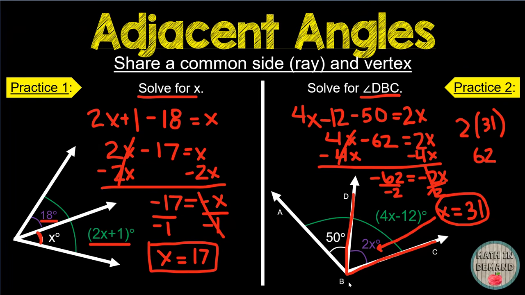That tells me that this angle, DBC, and how I can write it is angle DBC equals 62 degrees. Same thing with those problems earlier: if I'm looking for an angle, I can write it out this way. So angle DBC equals 62 degrees.